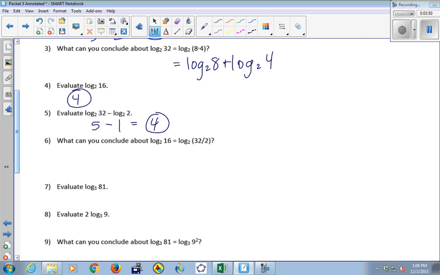Okay. How is 16 related to 32 and 2? Sure, 16 times 2 is 32, or 32 over 2 is 16. Yep. So if I want to take log base 2 of 32 over 2, it looks like you can calculate that by subtracting log base 2 of 32 minus log base 2 of 2.